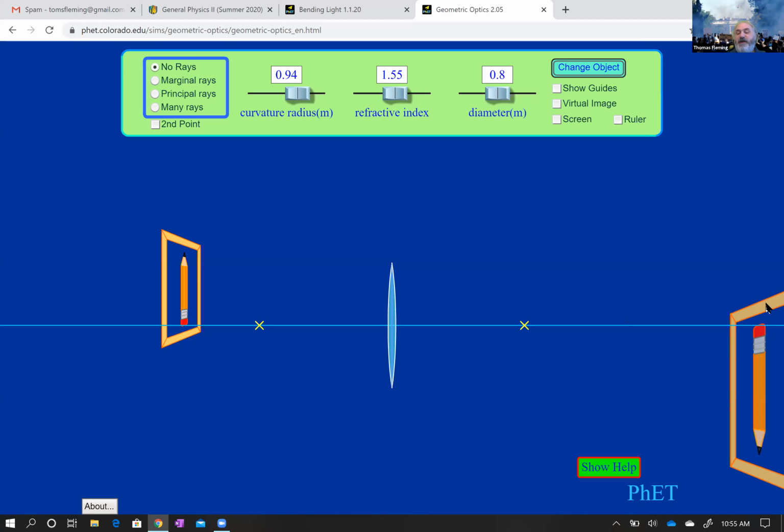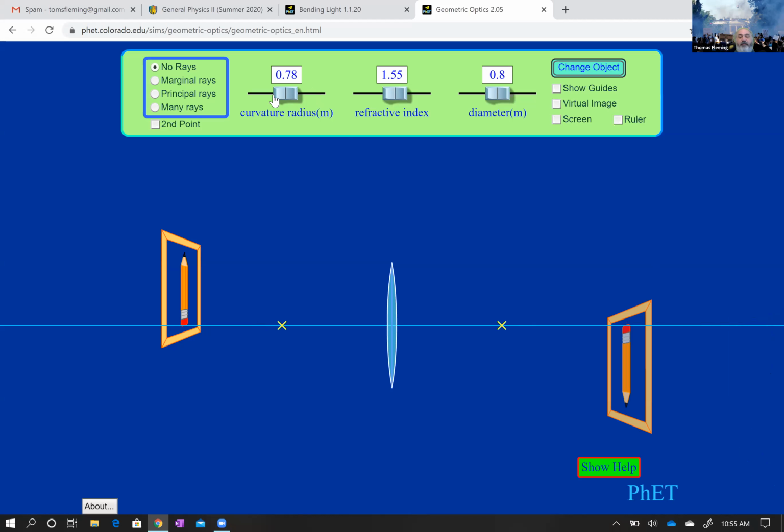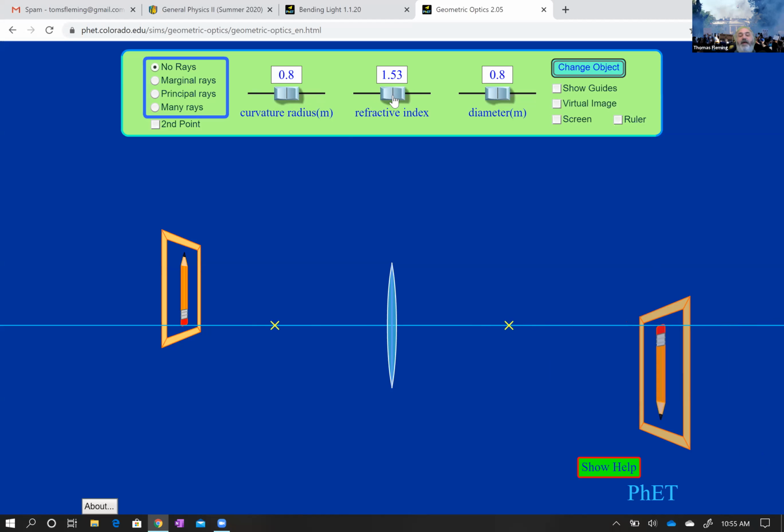The image is enlarged. I'm seeing a magnified image. Notice as I change things like the radius of curvature, I'm also changing the magnification and the location of the lens. So by changing the properties of that lens, I can change how much they magnify or reduce my images.